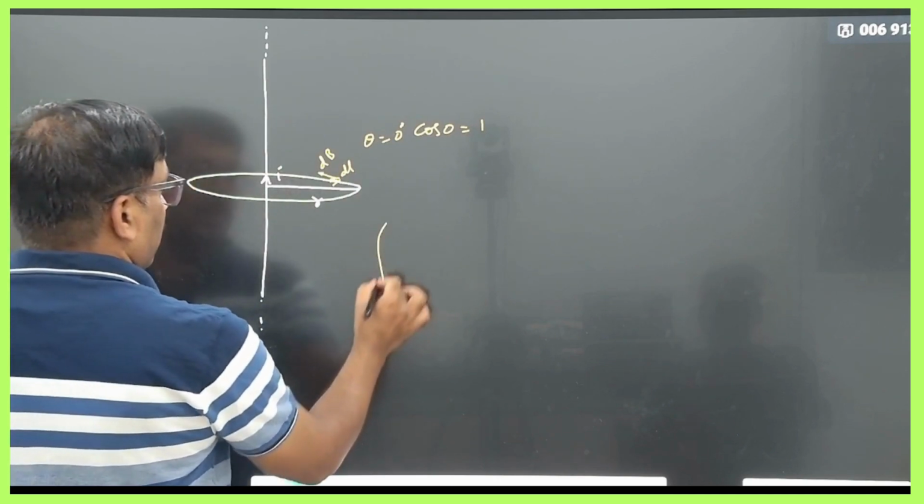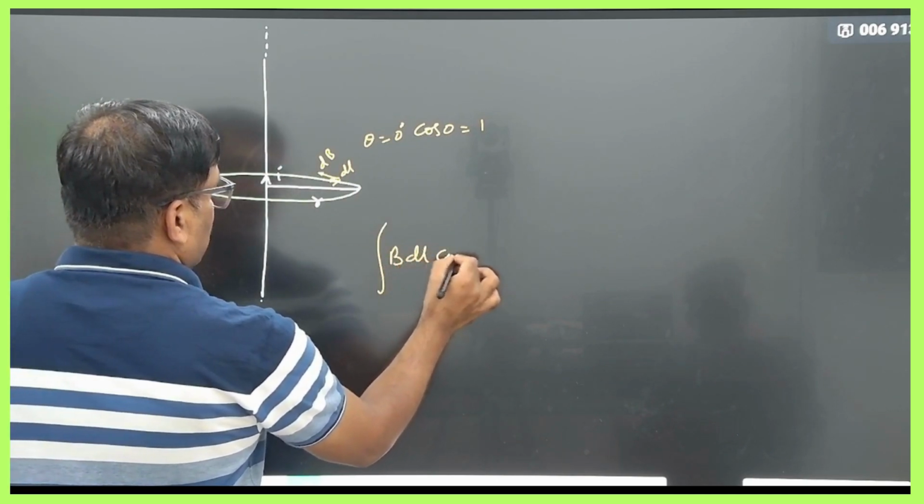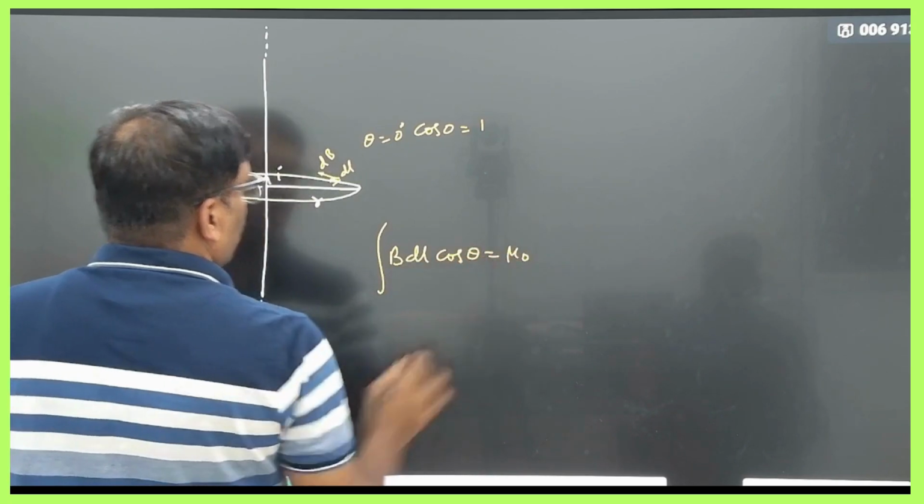Then we can write integral B dl cos theta equals mu naught I, since only one current is there.